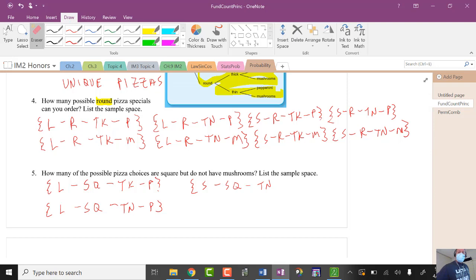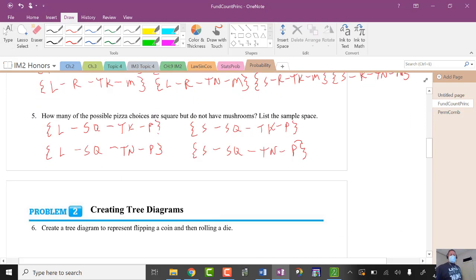I should have done thick first. Thick, not that it matters, but pepperoni. My K is getting a little crazy there. Small, has to be square. Thin pepperoni. None of these have mushrooms. That's the worst brace ever. Oh, let me make this finish right there. Maybe a little bit better.